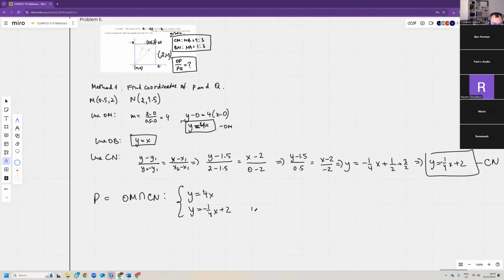Sub that in: 4x equals minus a quarter x plus 2. Times everything by 4: 16x equals minus x plus 8, 17x equals 8, x equals 8 over 17. We can find y. Y is 4x, so that's 32 over 17.